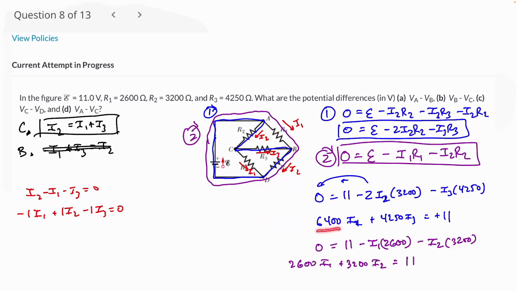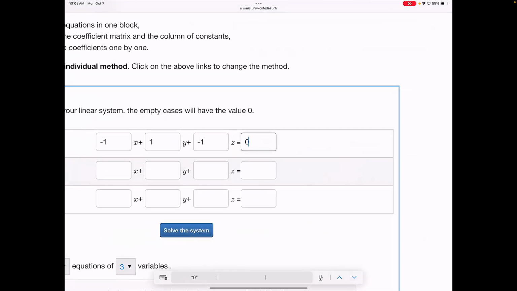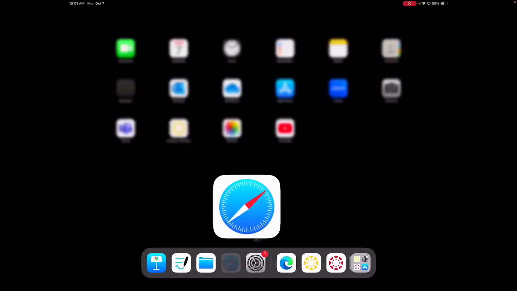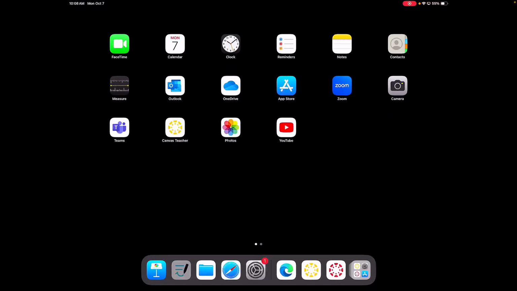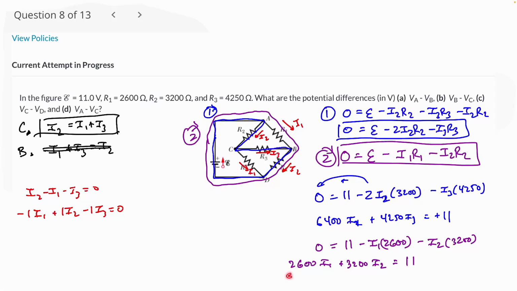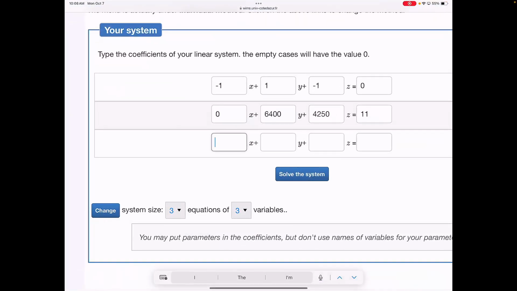So 0, 6,400, 4,250. And then it equals 11. And then back to here, what have I got? I've got 2,600, 3,200, and 0. And both of those were equal to 11.